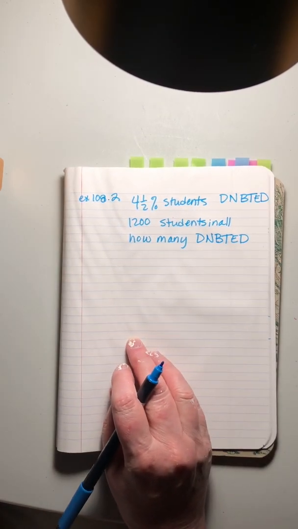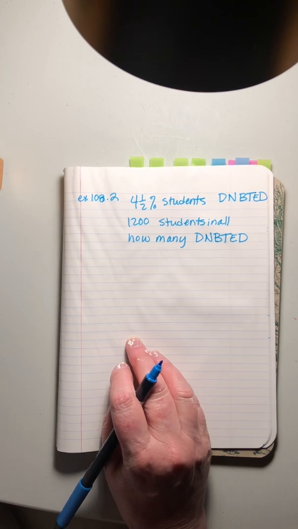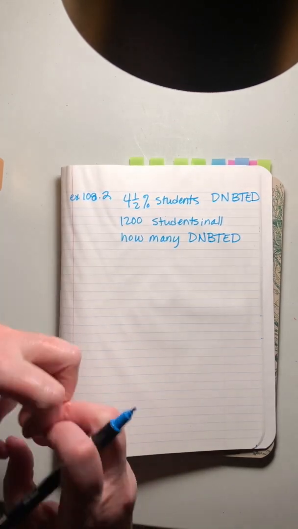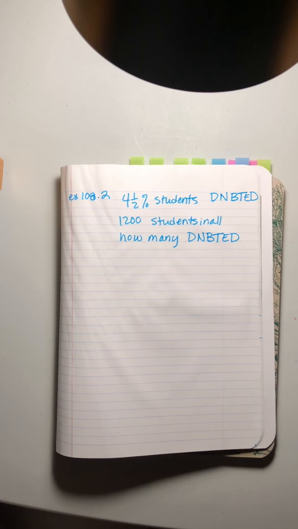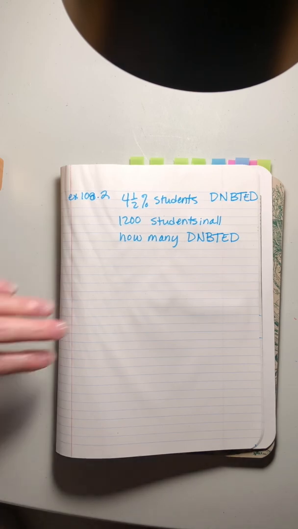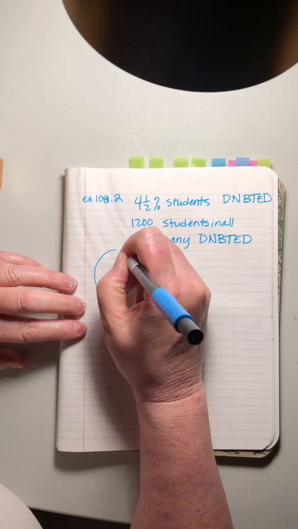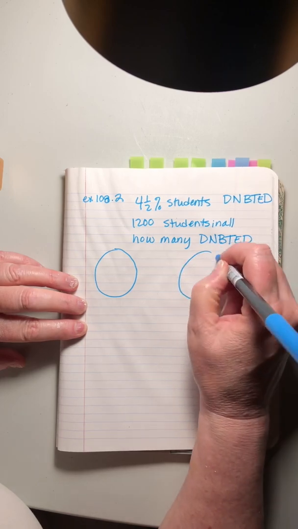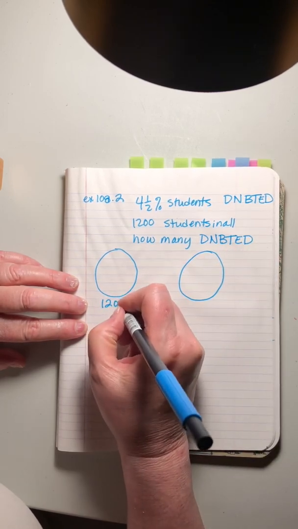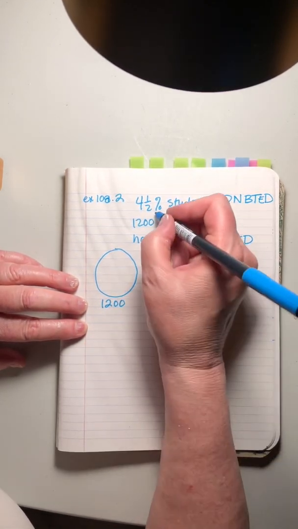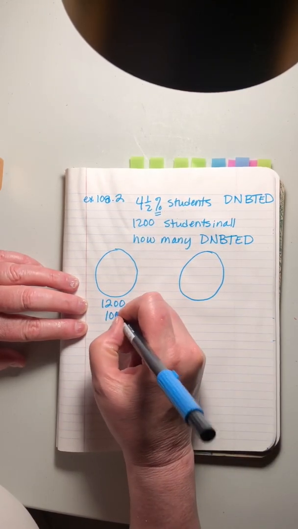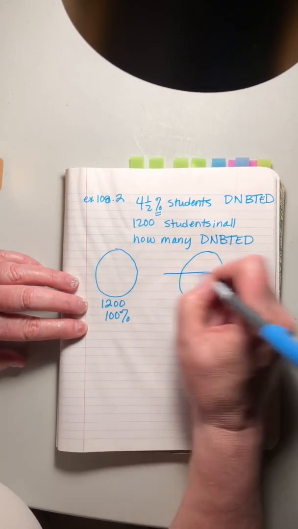All right, what we can see quickly is that this is a formula problem. We've got a bunch of students and we're dividing them into two groups based on their oral hygiene. So let's draw. Here are all the students. It's 1,200, and this is a percent problem, so we know that represents 100%. We're dividing them.